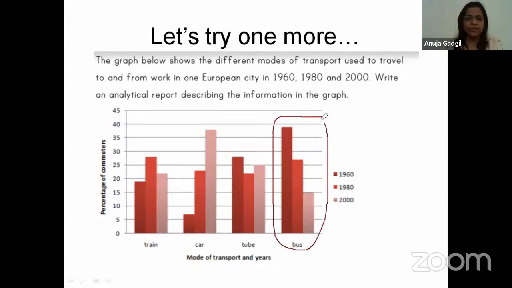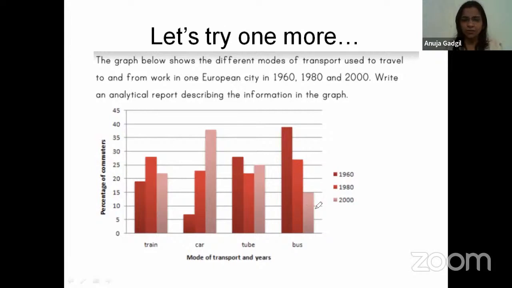In 1960, the maximum number of people used buses. This number went down in 1980, and it has gone really down. The number has decreased drastically. You can use this word.